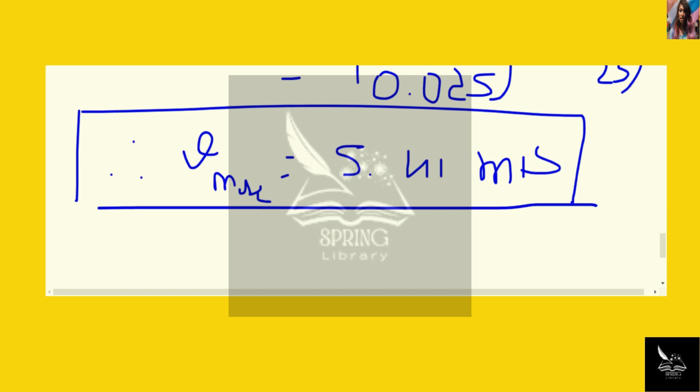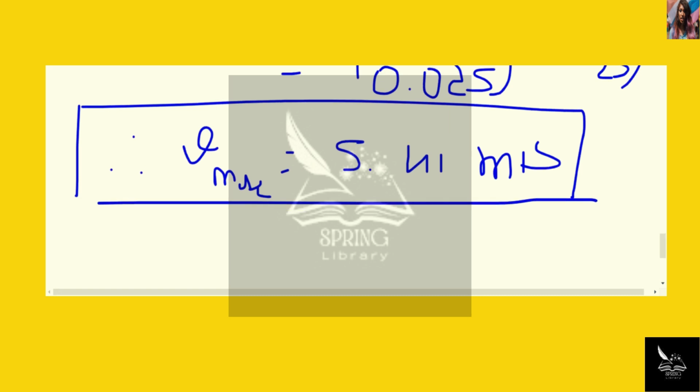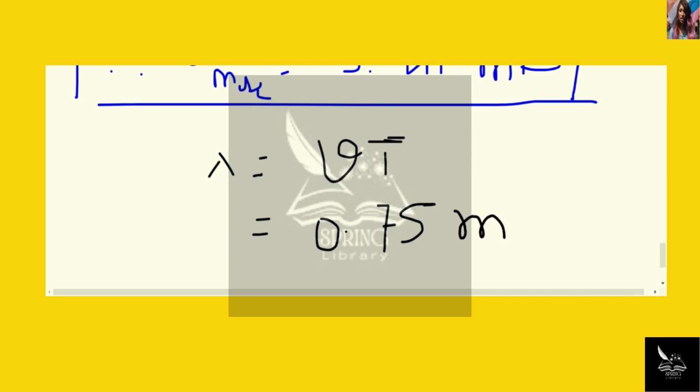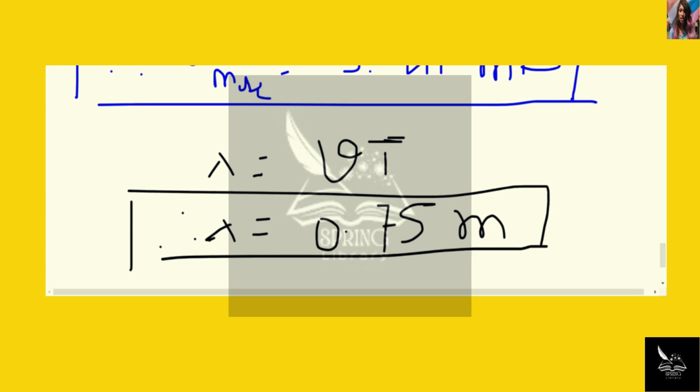The wavelength of the sinusoidal wave is found by solving for lambda from the equation lambda is equal to v times T, which will give the answer 0.75 meters, because v is already there, T is already there. So all we need to do is just multiply.